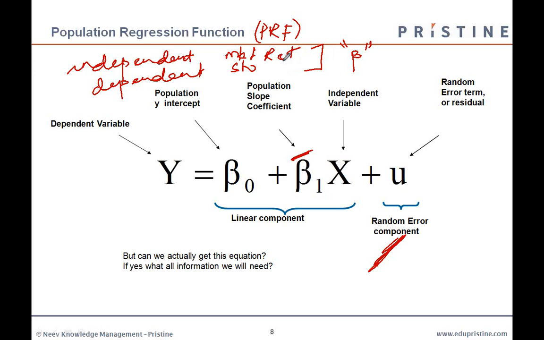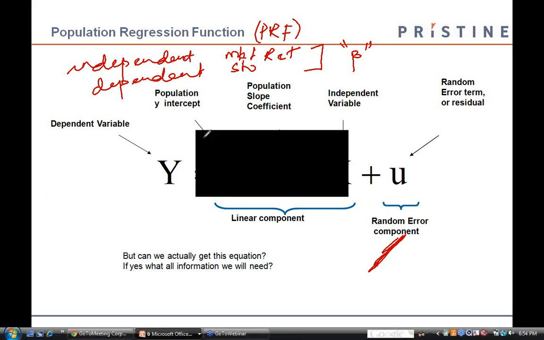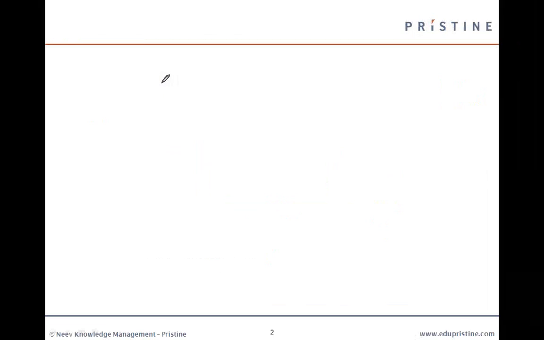Okay. Ruchika says this beta 0 and beta 1 is Greek to me, please explain. No issue, Ruchika, I'm there to explain. Don't get bogged down by the terminology. This equation is a straightforward equation. When you're talking about a linear regression model, you are assuming that there is a straight line relationship between independent variable and dependent variable.